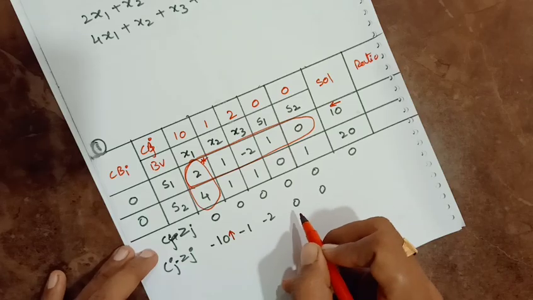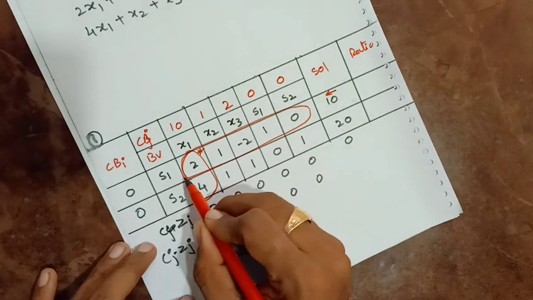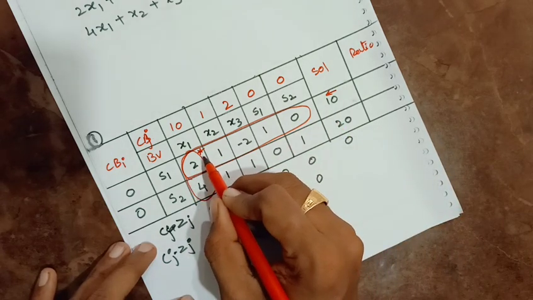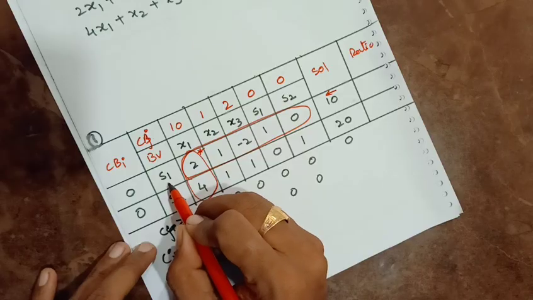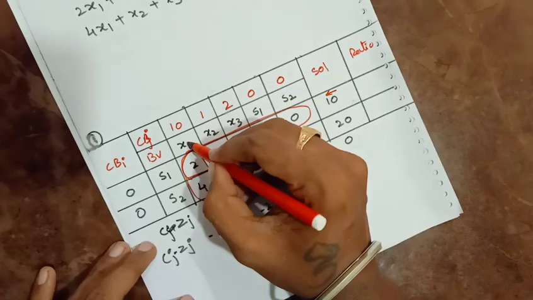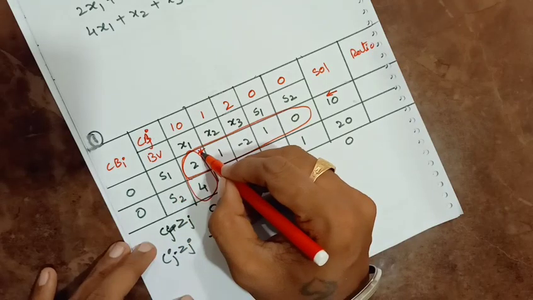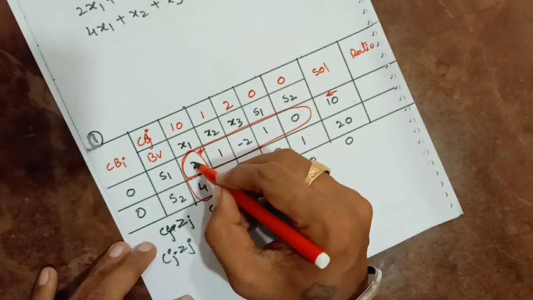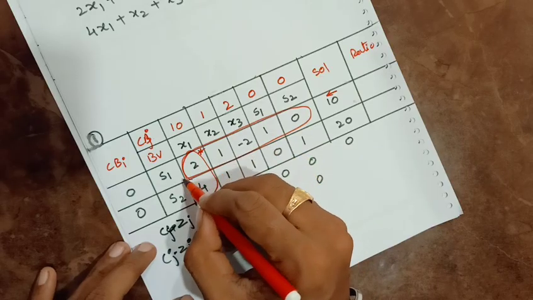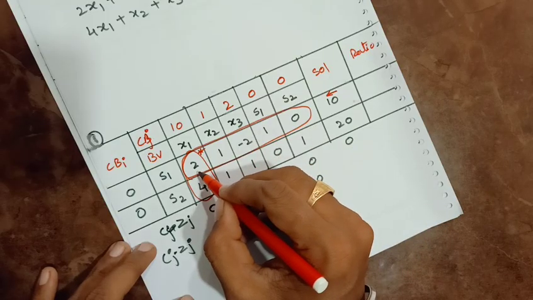So here, wherever the intersection pivot point is there, S1 leaves and X1 enters into this particular place, and this is considered as pivot point. And whenever we observe this pivot point, all these values should be divided by that particular pivot point.